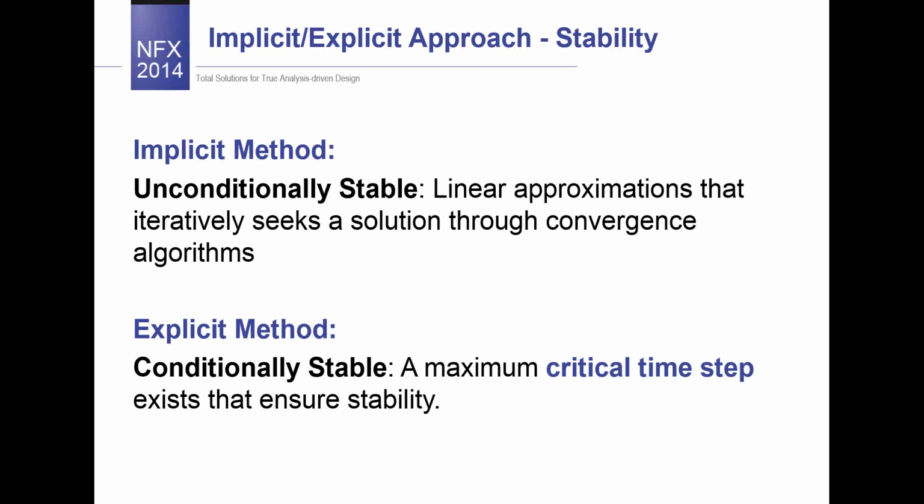And according to the above definition, both methods differ from each other. So the implicit method is unconditionally stable, because of linear approximations, and in case of explicit, a maximum critical time step exists, and to ensure the stability we need this critical step, and that's why the explicit method is conditionally stable.